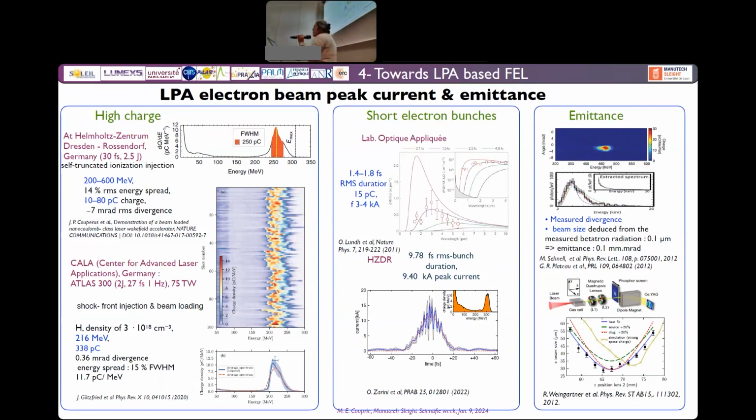About electron bunches, they are very short, typically femtoseconds or 10 femtoseconds bunch duration. So this is nice to have a large peak current. And emittance is okay. It's typically small. Still, we will see that divergence is large and the size is very small. So this might be a bit tricky.